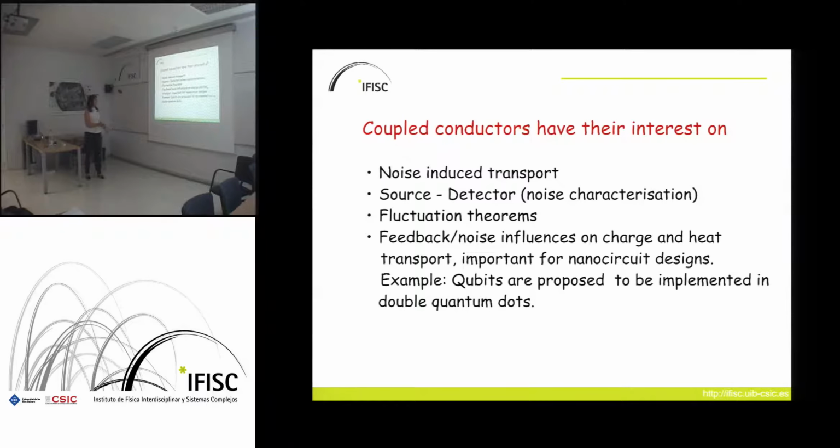I will tell you now about the importance of these systems in fluctuation theorems. And also, in two conductors that are coupled by interactions, it's important to know the influence of one with respect to the other, because if you want to design nanocircuits, you need to know how they work in the presence of other conductors.